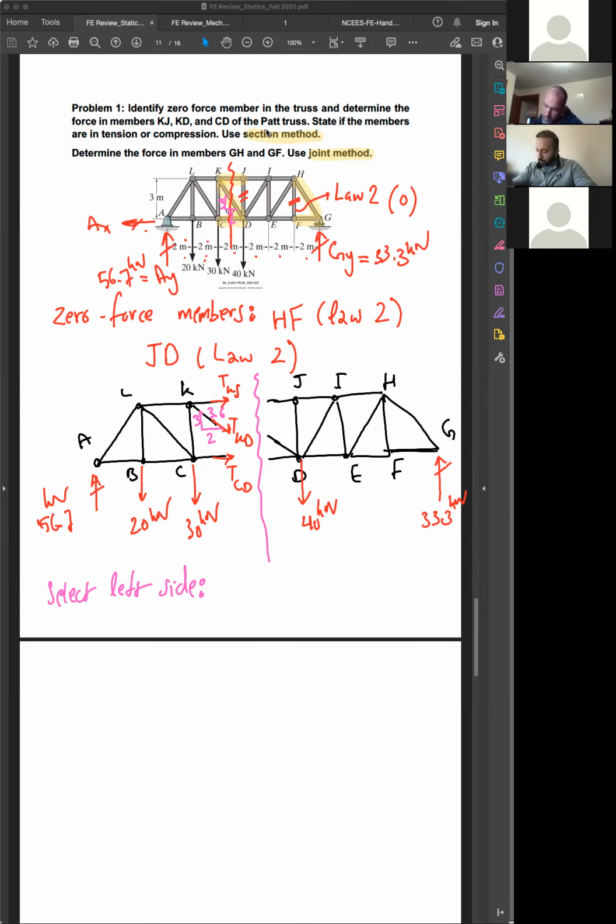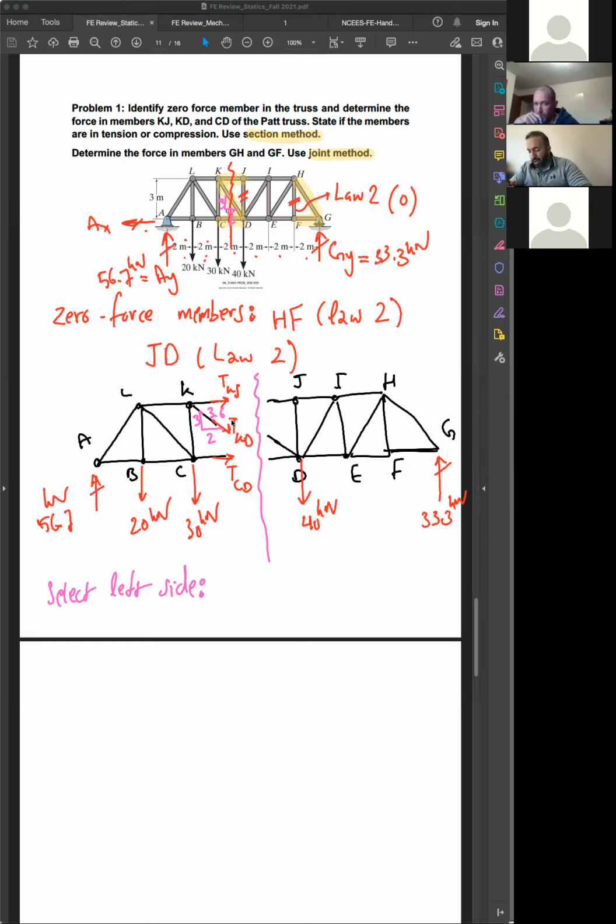Okay. So what do you have here? You need to now be a little bit street smart and see which equation would help you the best to find the unknowns. For example, here you have this TKJ, right? And here you have this TKD, all right?